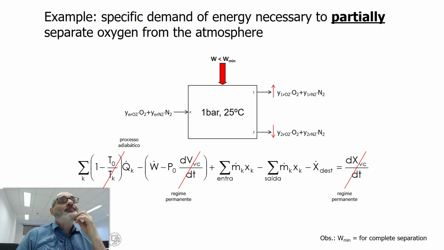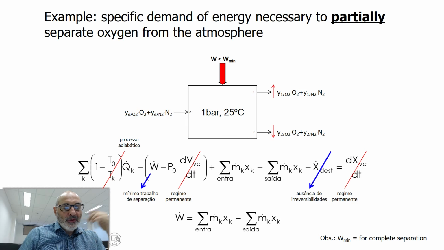Now we do the same. We apply the exergetic analysis equation. The process is adiabatic, in permanent regime, and we want the minimum separation work, so we cancel the destruction of exergy.